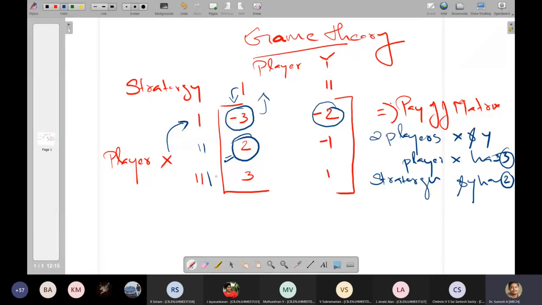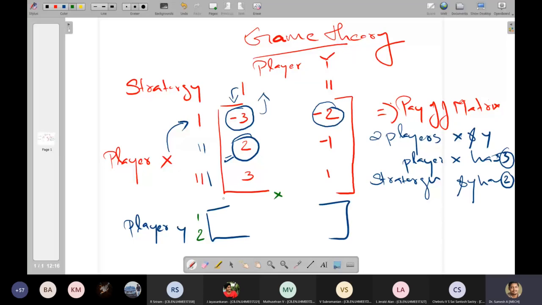I can also change this matrix the other way. Whatever plus is shown here will come as for Y. It need not always be player X here, so I can write this matrix for player Y. Player Y will have 2 strategies, 1 and 2, and X will have 3 strategies, 1, 2 and 3.